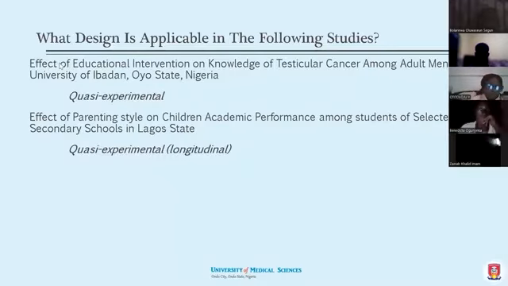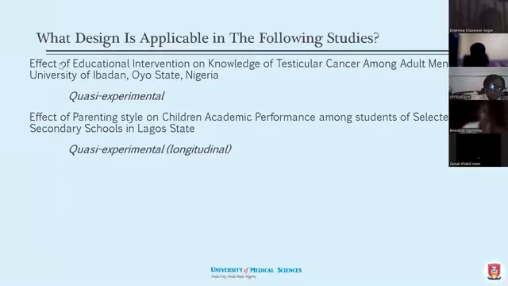You have to have your control and experimental groups, and you have to monitor these people over a long period of time before you can actually see the effect of parenting. And the parents will be doing their parenting, caring for their child, unaware that you are conducting research. Because if they are aware, they may want to change their parenting style to something that will suit them.